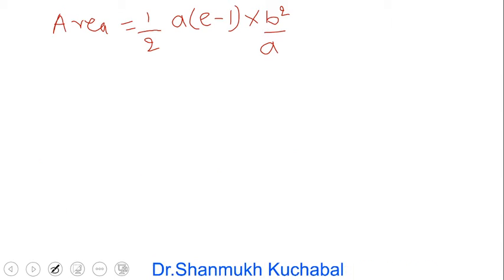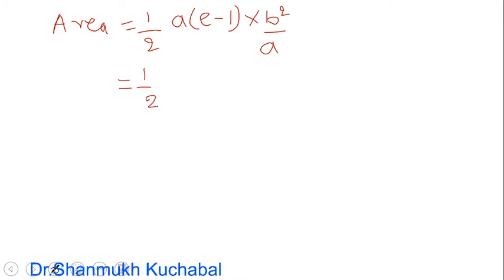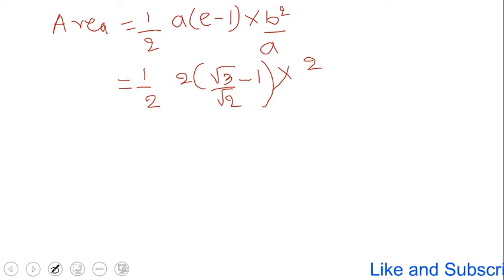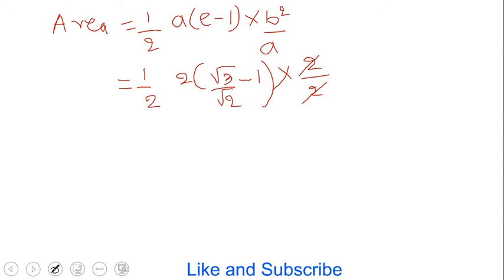We have to substitute these values. Half as it is, a is 2, e is root 3 divided by root 2, minus 1, into b square, root 2 square is 2, divided by a, which is 2. So 2 gets cancelled, and here 2 gets cancelled.